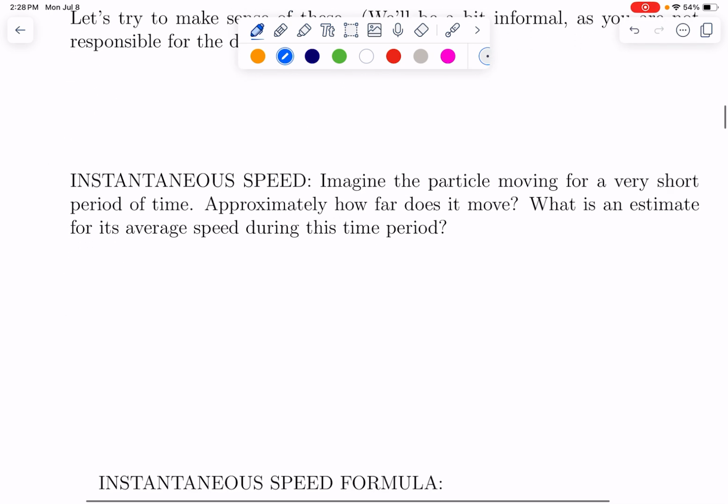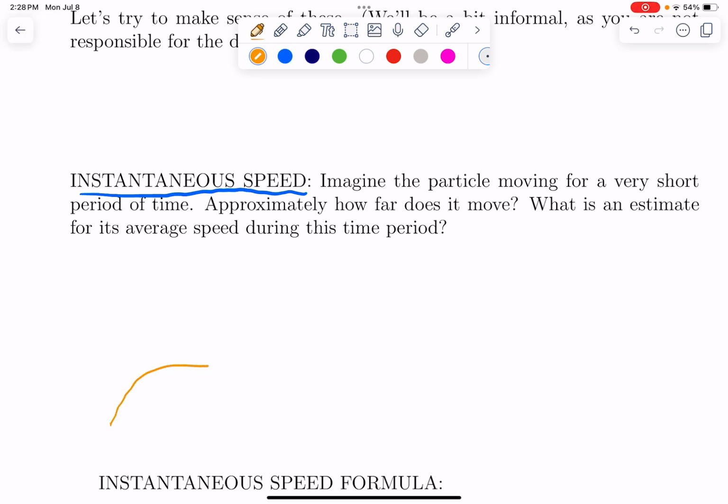Okay, so our first one here is instantaneous speed. So let's imagine approximating instantaneous speed with average speed.